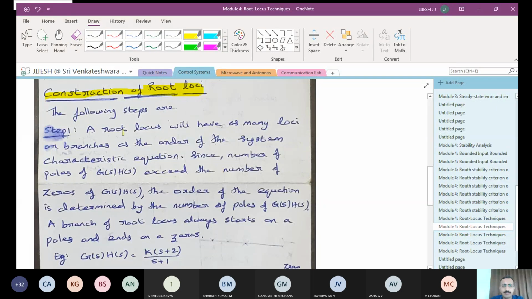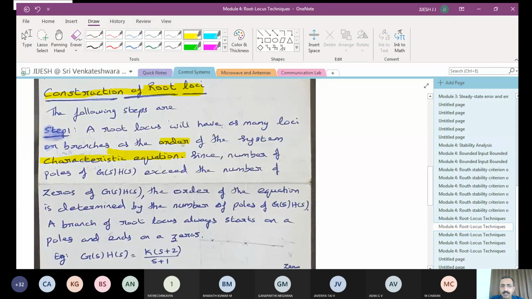So the first step: the root locus will have as many loci or branches as the order of the system characteristic equation. First you should understand which order the characteristic equation is, whether it is a first order, second order or third order system.